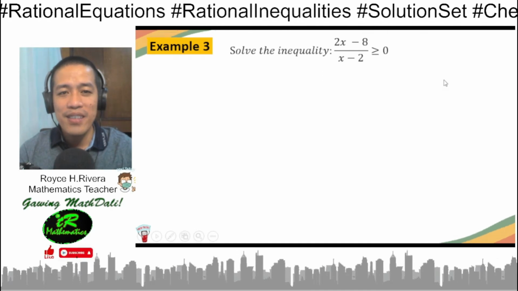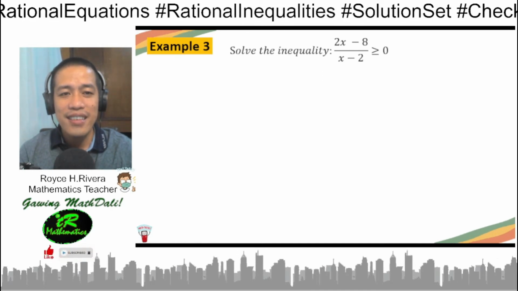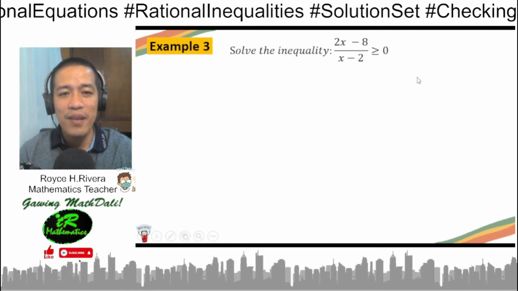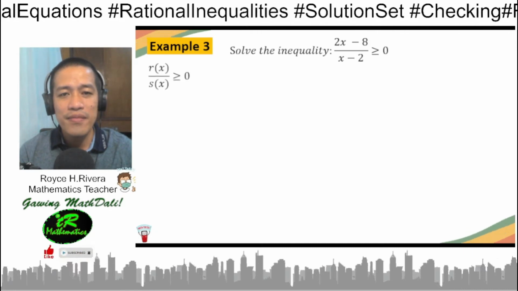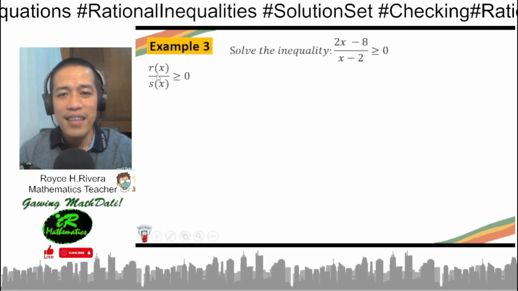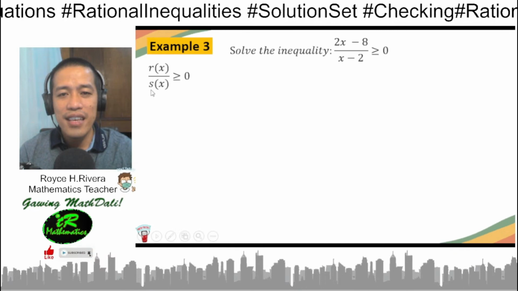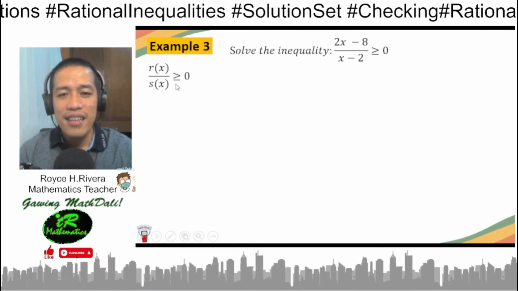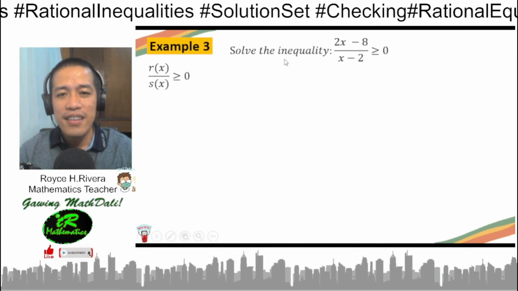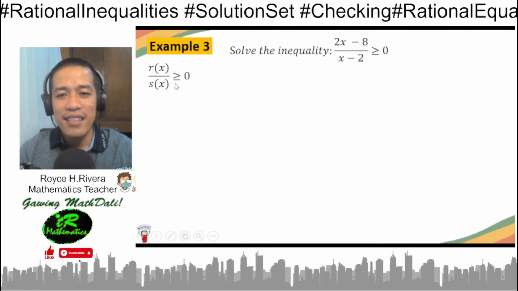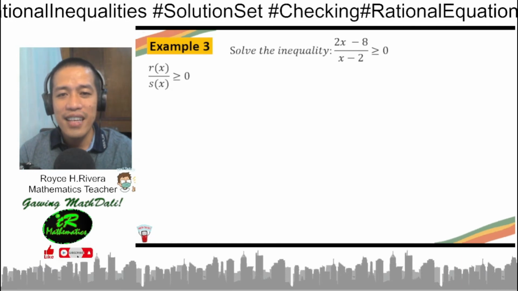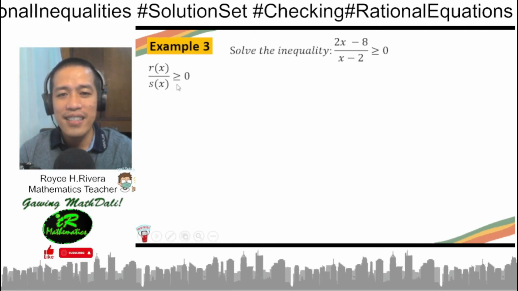So to solve rational inequalities, first we need to transform the rational inequalities to the form r of x over s of x greater than or equal to 0.